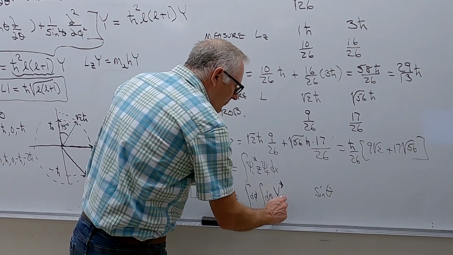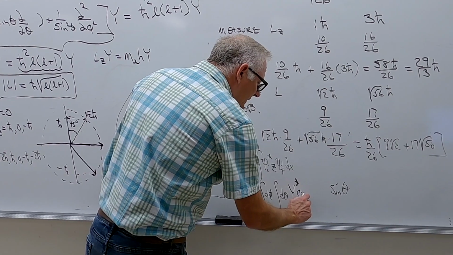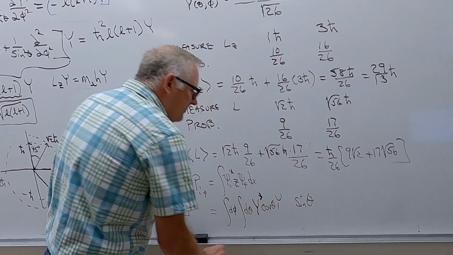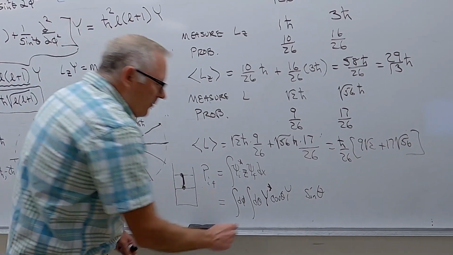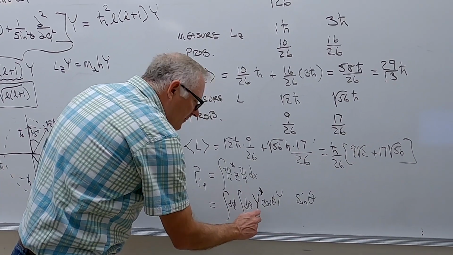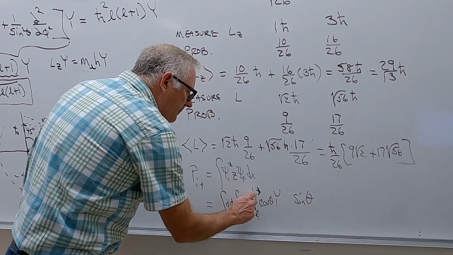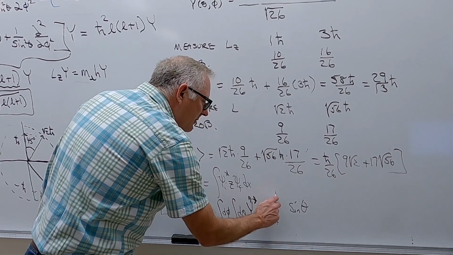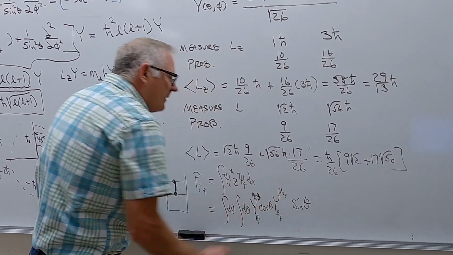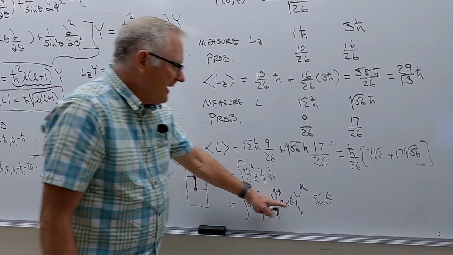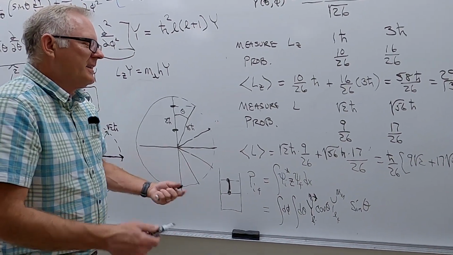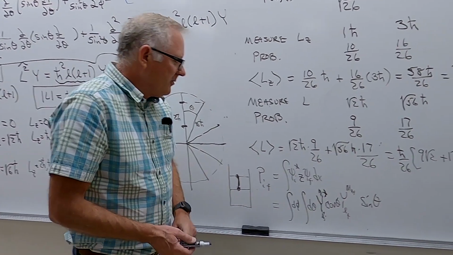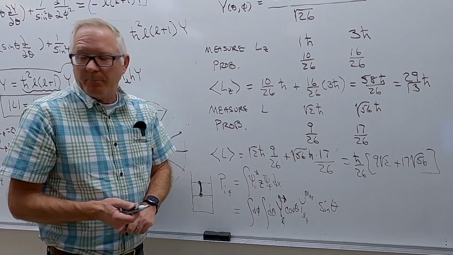We don't care about r, so I'll just put the cosine theta in, and then Y. One of these will be the initial state, L initial and M sub L initial, and the other the final state, L final and M sub L final. If we integrate this and make a whole table like we did before, then if we ever get zeros, it means it could never make that jump.